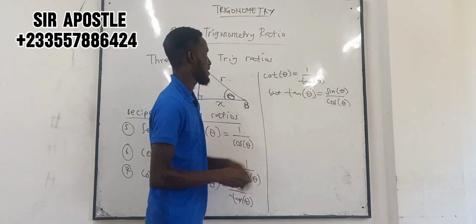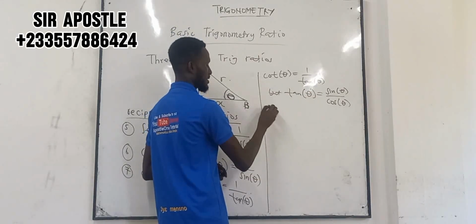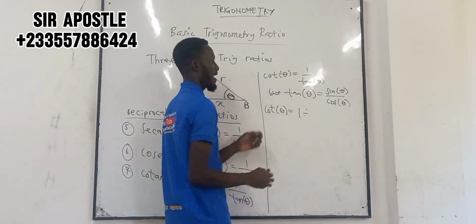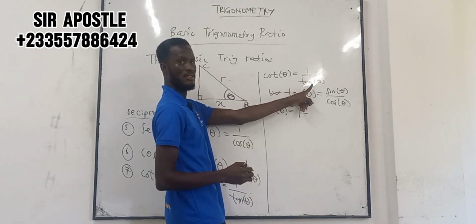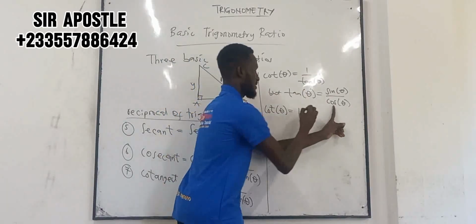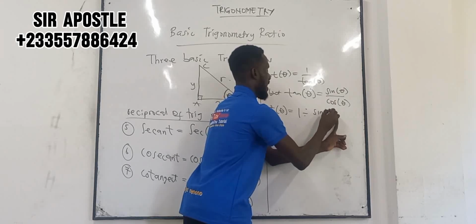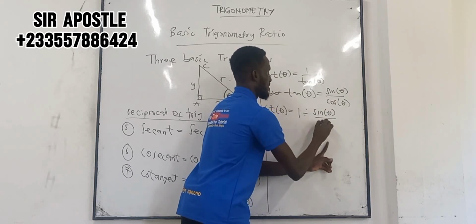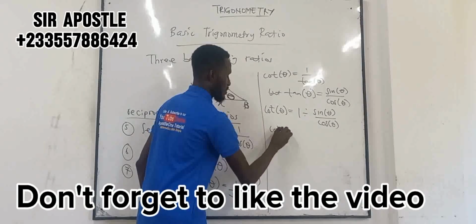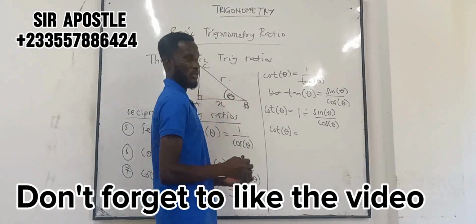So let's substitute here. It means my cot theta will be equal to 1 divided by tan theta, right? But what is tan theta? Tan theta is sine theta all over cos theta. So I am deducing another formula for this.